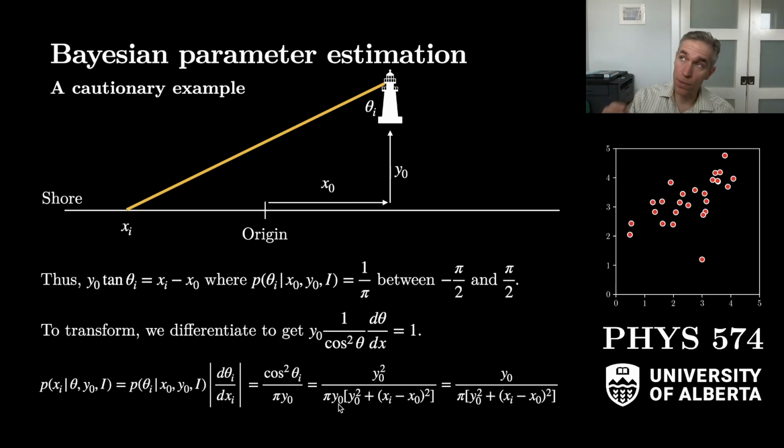And then I can use the variables in the geometry to replace this cos theta with the lengths that are known. So cosine is the adjacent over the hypotenuse, and so that gives us this term here, cancel out a y, and we get this kind of distribution of xi given how theta i is turning.